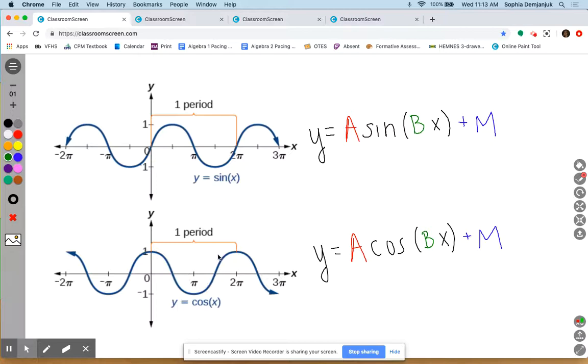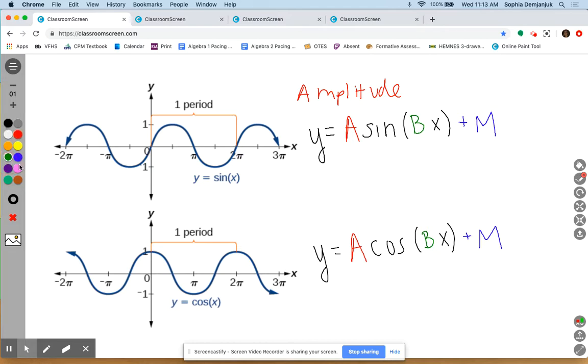Okay, so in this video, we're going to be writing the equation of sine and cosine functions when we're given the key information, the key features of our graphs. So we have y equals a, where a is the amplitude. And then depending on whether you're talking about a sine or cosine function, you'll write sine or cosine.